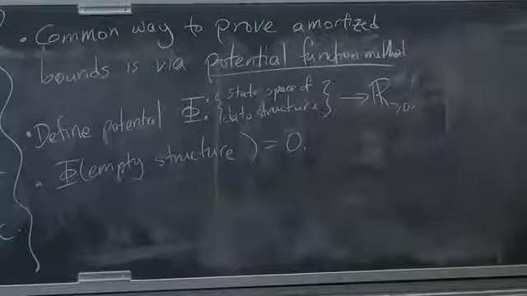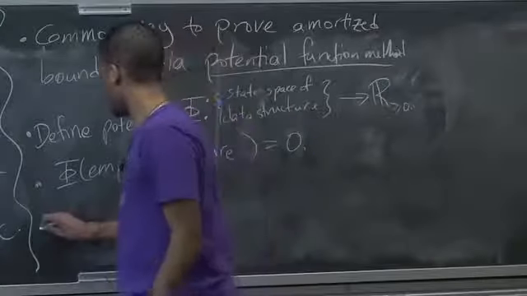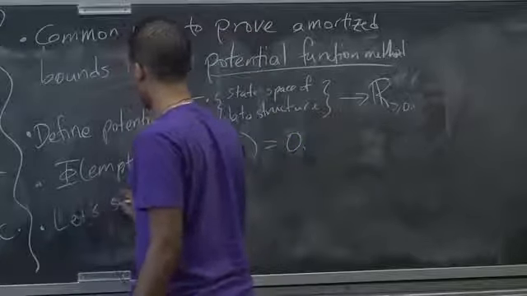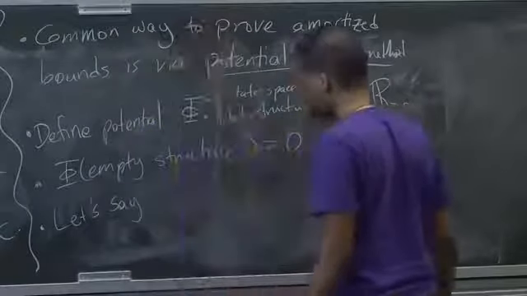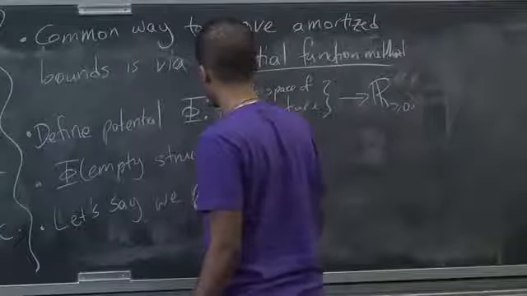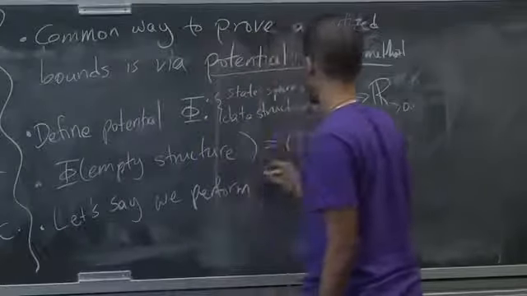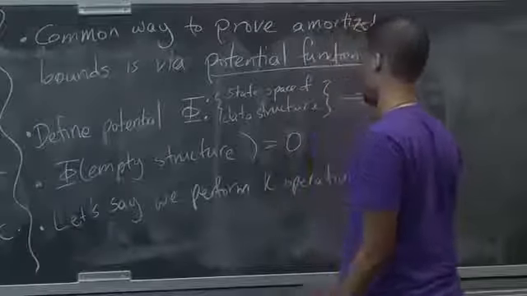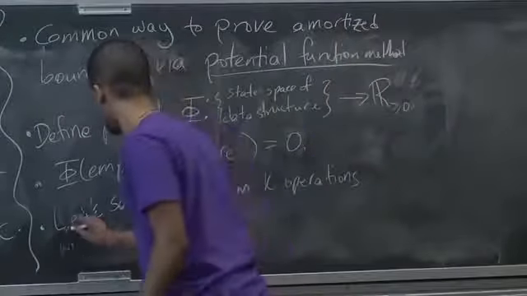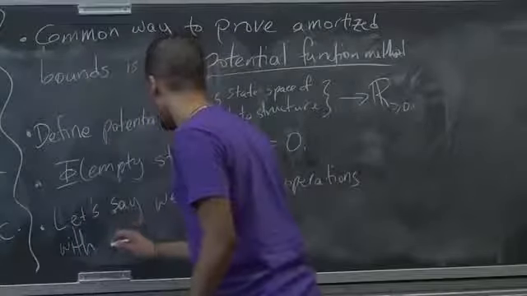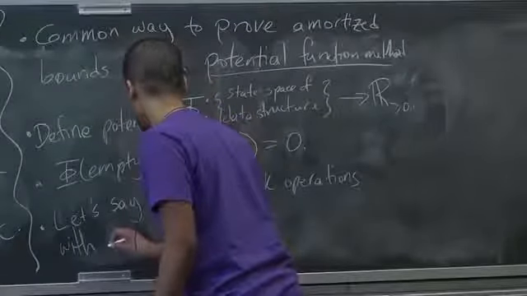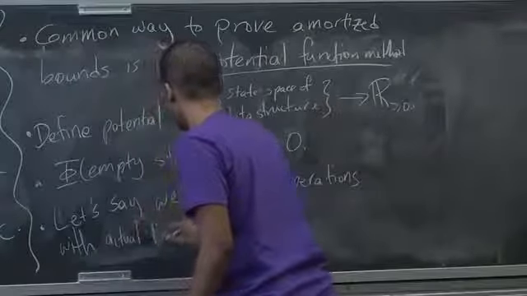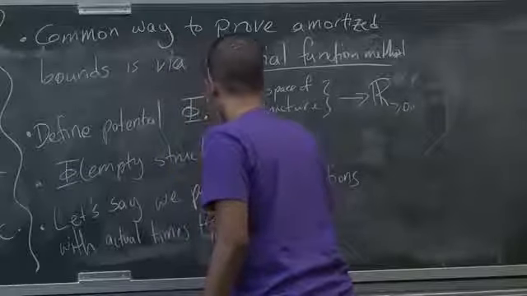And so let's say that we perform k operations with costs, actual running times, T_1 to T_k.